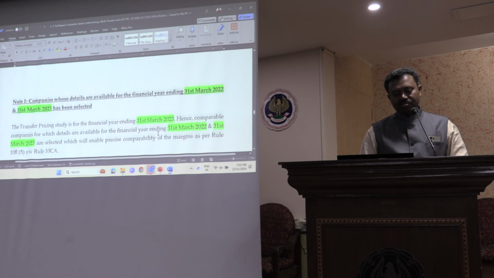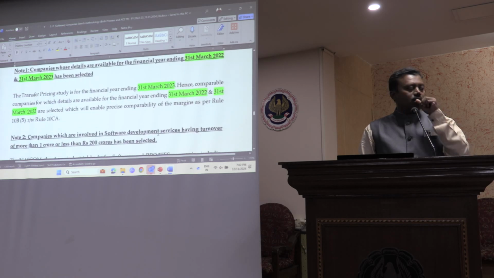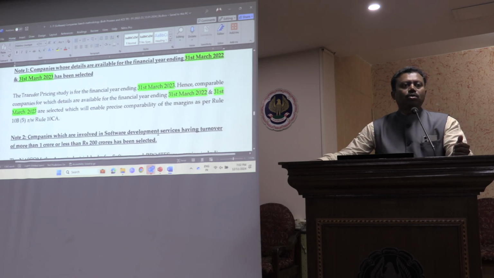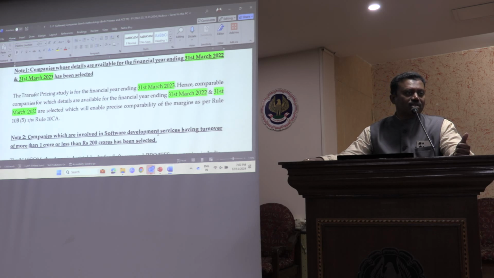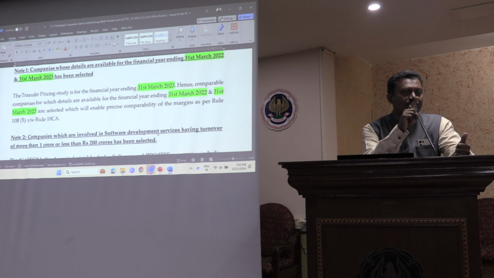Is there any minimum criteria? You have Rule 10(1)(ef), and it says, even if you have found one comparable, you have satisfied the arm's length.